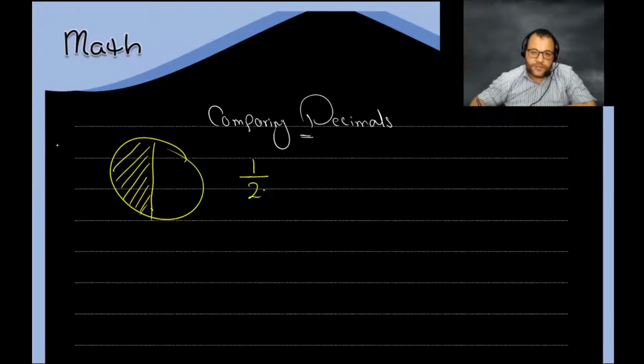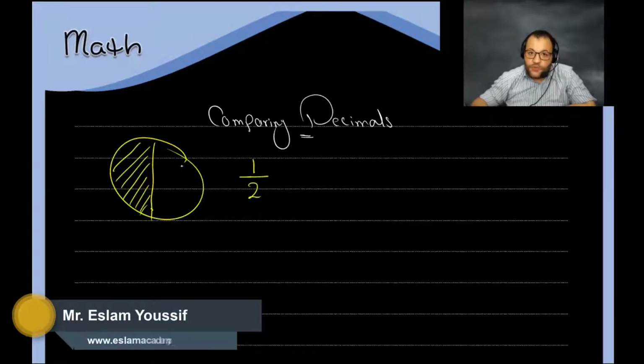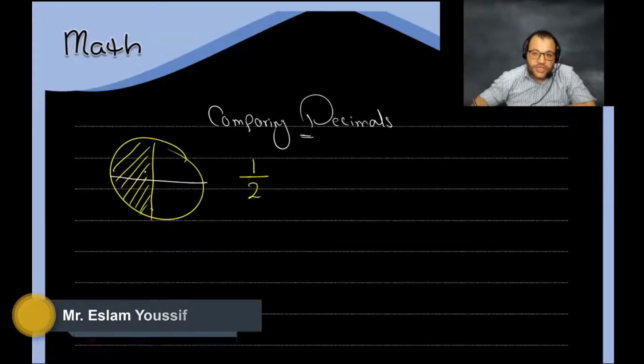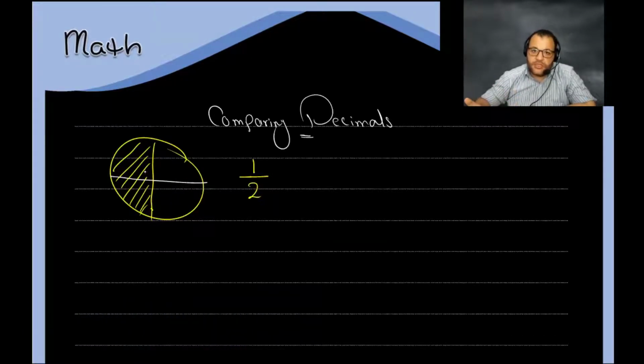Then suppose that instead of 2 parts, I make it 4 parts. The shaded area is still the same. The size doesn't change. But instead of one shaded piece, I now have 2 pieces, so we have 2 pieces out of 4.